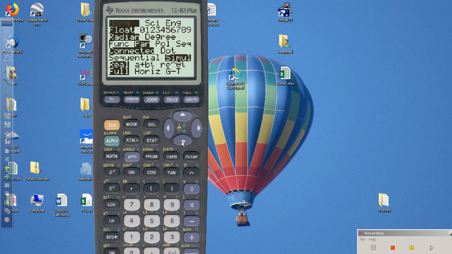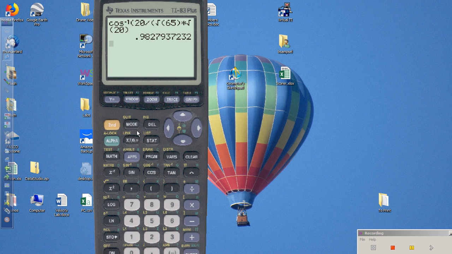Yeah, I'm in radian mode. It doesn't matter which mode you're in, but it depends on what type of answer you want. So 56.3 degrees. I think it's a little easier that way than going through the basic math scale.